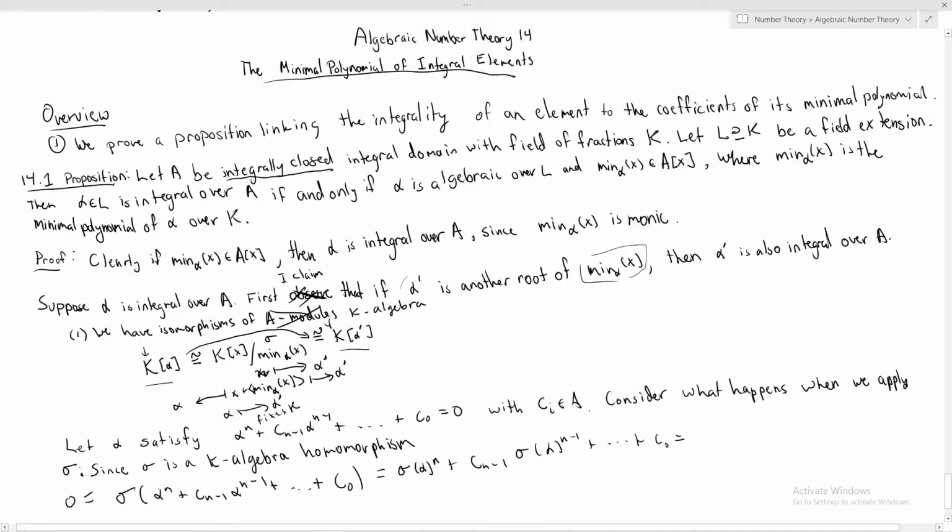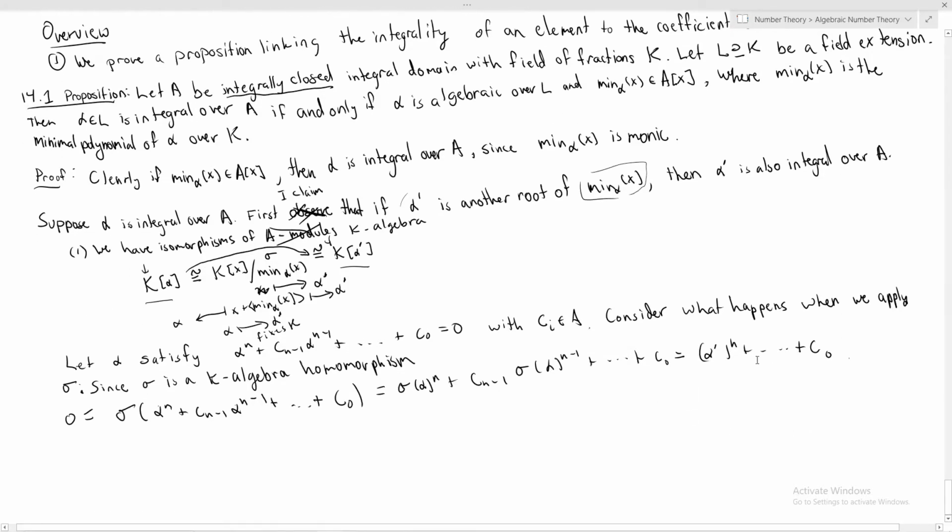And sigma takes alpha to alpha prime, so I see that alpha prime also satisfies the same thing. When I plug in alpha prime to this polynomial with coefficients in A, I also get 0. Thus alpha prime is also integral over A.